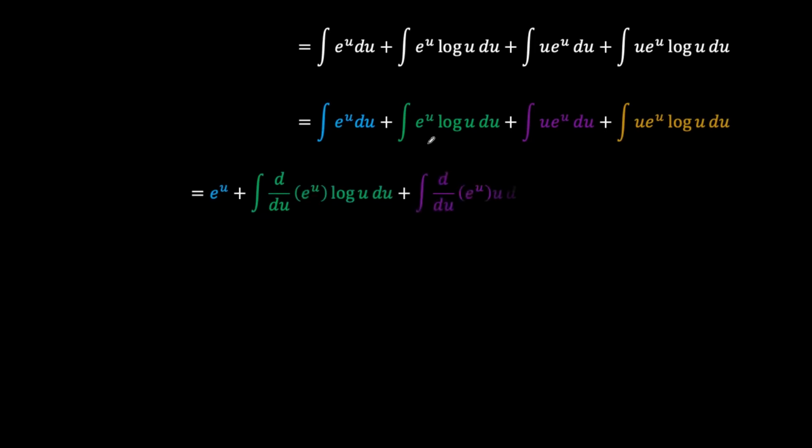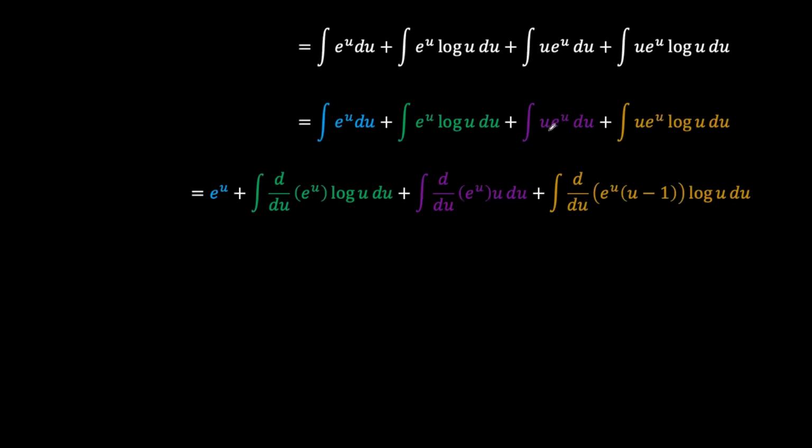And then here we're going to try and use integration by parts. As we said, e to the power u is the same as its integral. And therefore we could say this e to the power u times natural logarithm of u is the same as the product of the derivative of e to the power u and natural logarithm of u.